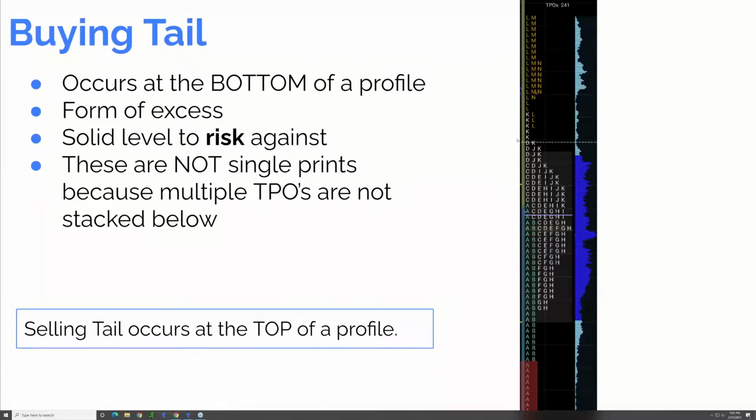Because I'm not necessarily looking to set a huge range on my risk. The risk reward has to make sense. If I'm long K right here, and I'm willing to risk all the way down to the low of the day, that means I should at least be looking for a 1-to-1 risk reward. So I just want to point that out. I don't want you to think that I would be buying K and just willy-nilly set my stop all the way down here and be only looking to take 5 or 10 points out of the trade.